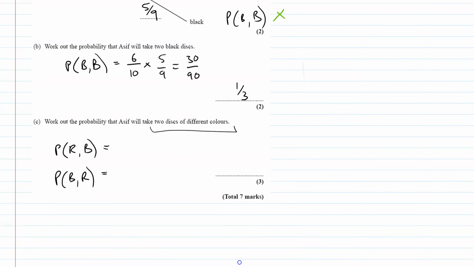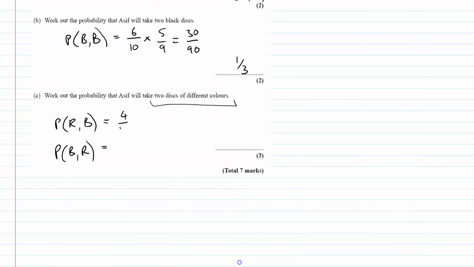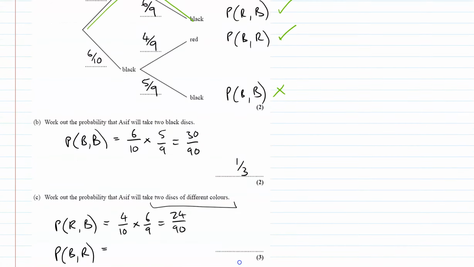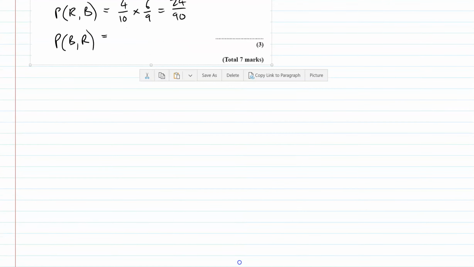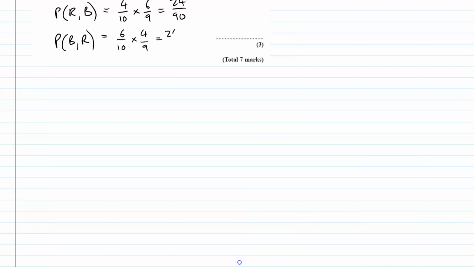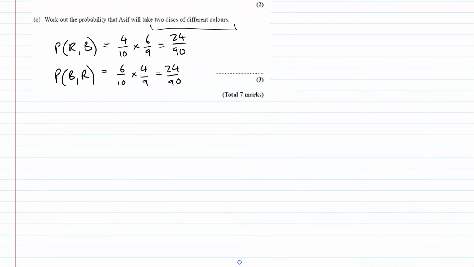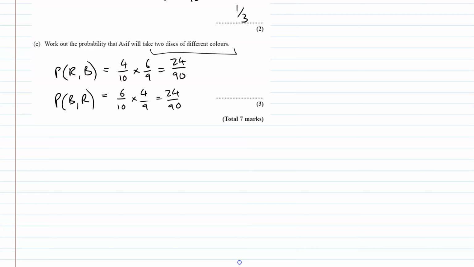So we want the probability of red then black, so that's down this route. 4 over 10 then 6 over 9. So 4 over 10 times 6 over 9, top times top, bottom times bottom. And then black then red is going down this route, so it's 6 over 10 times 4 over 9. So that's 24 over 90. And both of these are desirable outcomes. These are both discs of different colours.